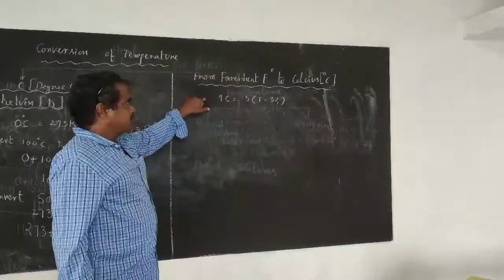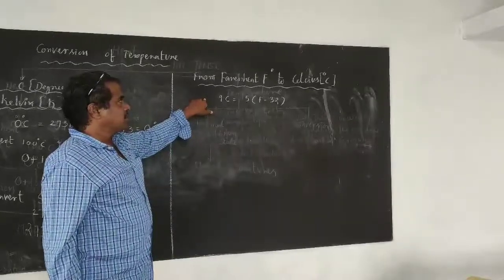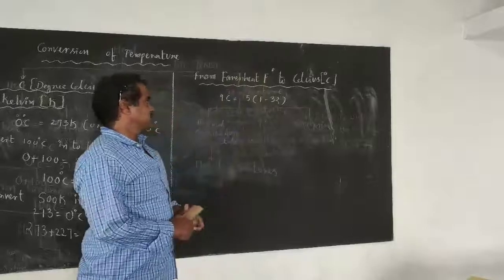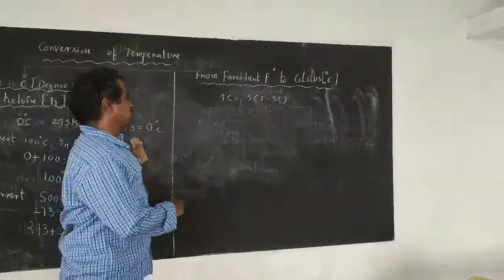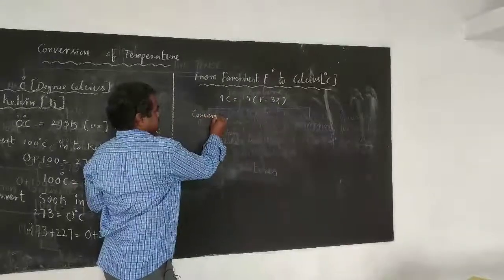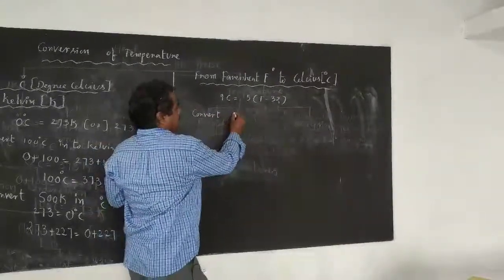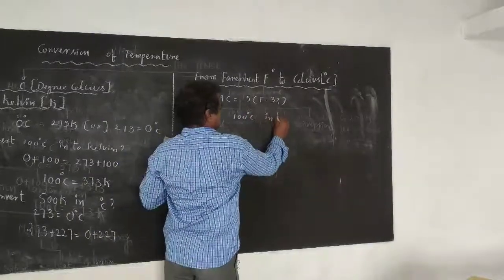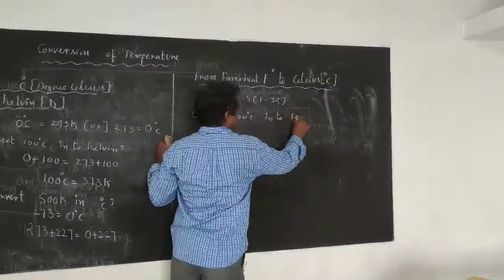By using this formula, we can convert the units of temperature from Fahrenheit to Celsius very easily and vice versa. For example, convert 100 degrees Celsius into Fahrenheit.